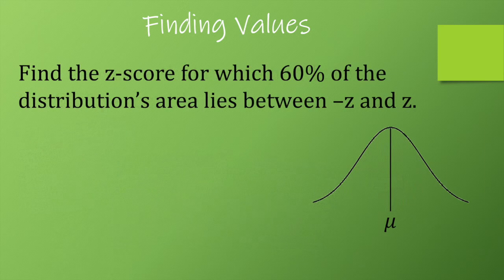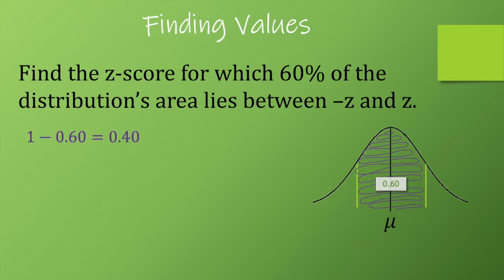What if we need to find the z-score for which 60% of the distribution's area lies between negative z and z? So we've got two z-values, and we know that 60% of the data is between them. But we need the cumulative area. How do we find that from the left? Well, if we know that 60% of the data is in the middle, we know that there's 40% left over.